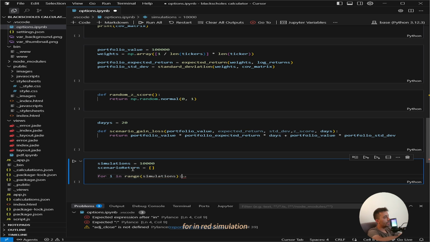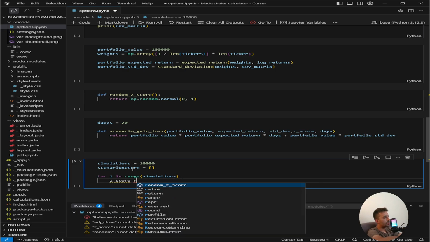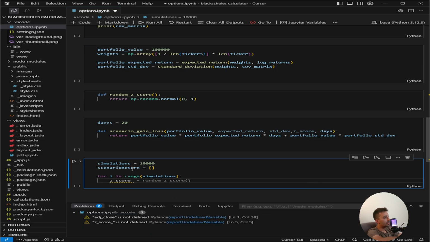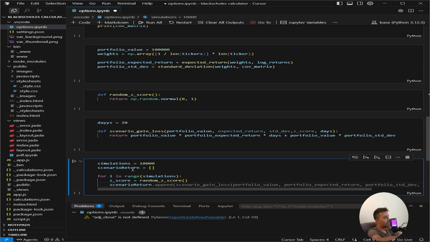For in range simulation, the score randomly, this score equals random this score, yes, and scenario return then appends gain loss portfolio value expected return. Yes, this is right.